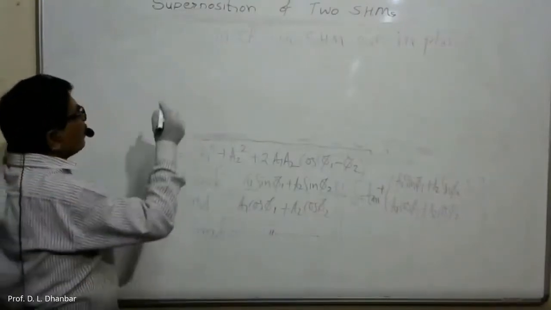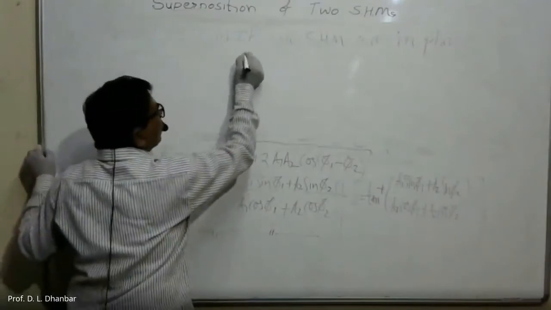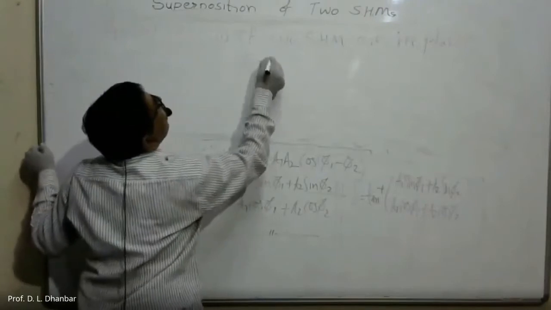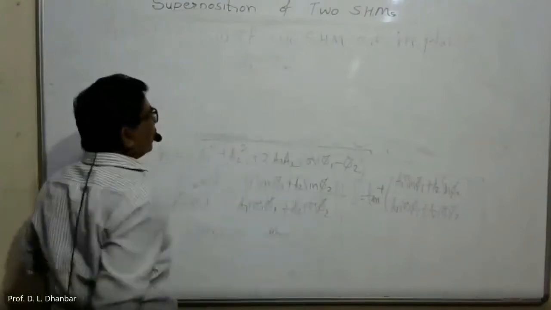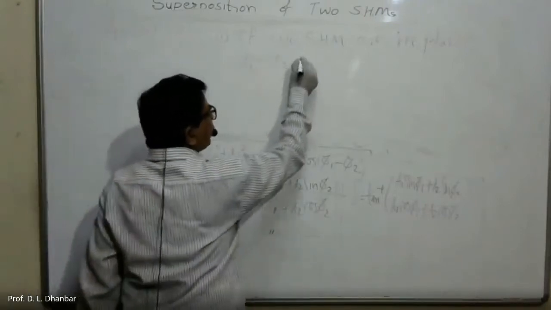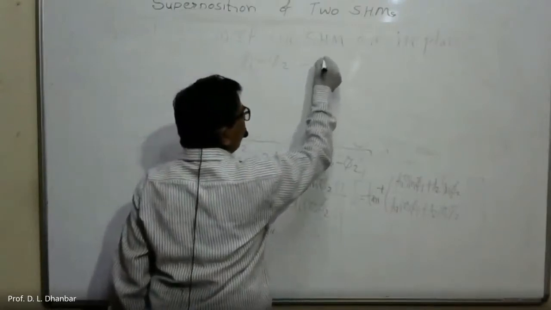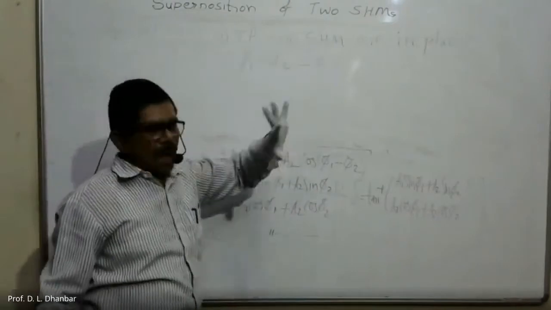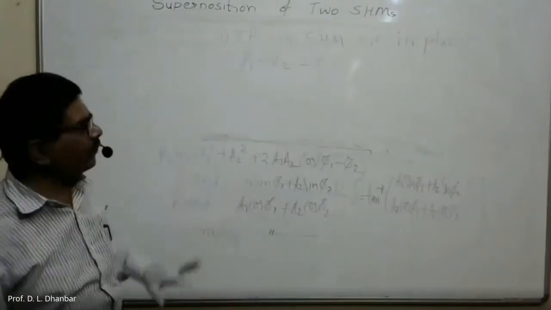So phi 1 minus phi 2, this is the phase difference, and this is equal to 0, because the given two simple harmonic motions are in phase. This is the first case.